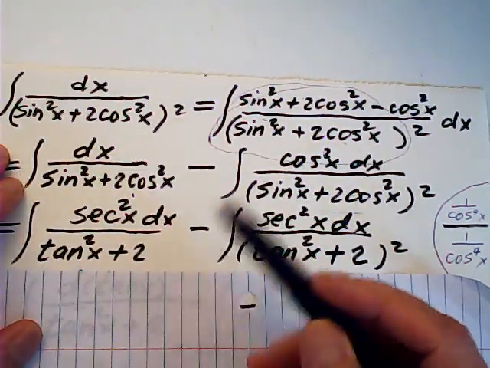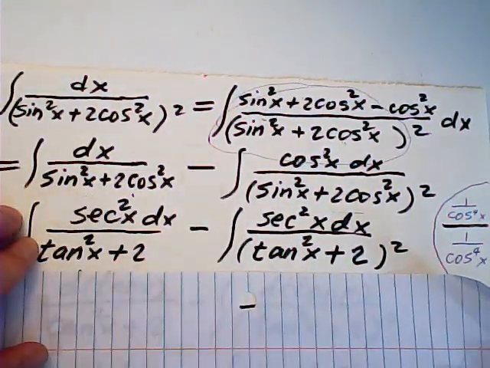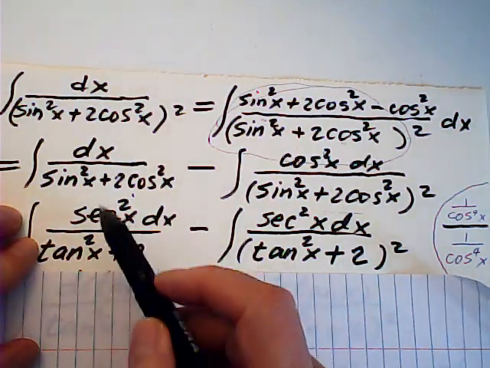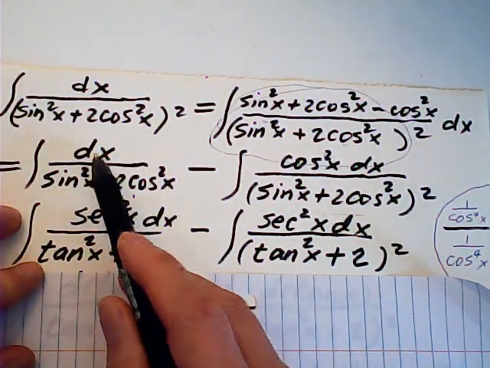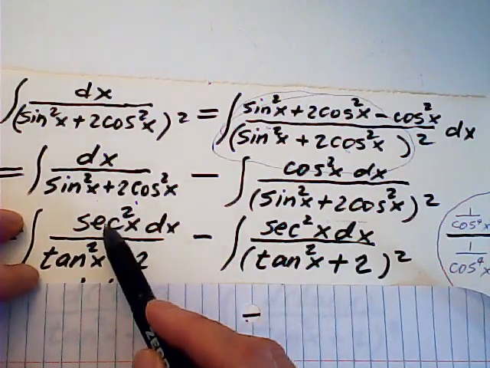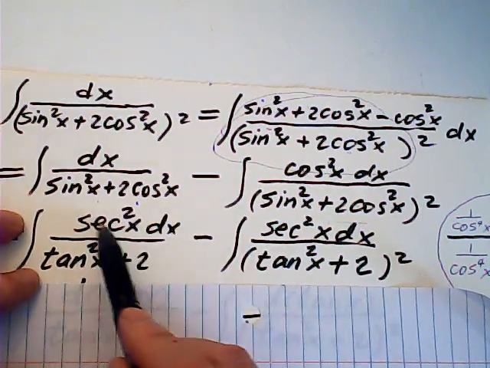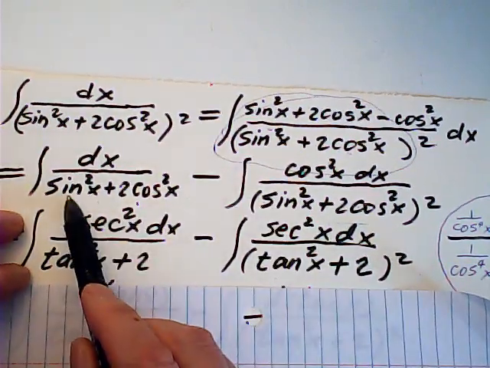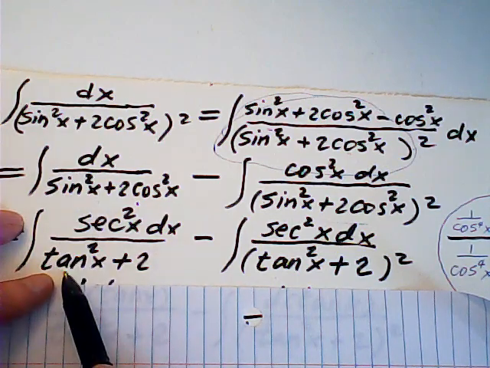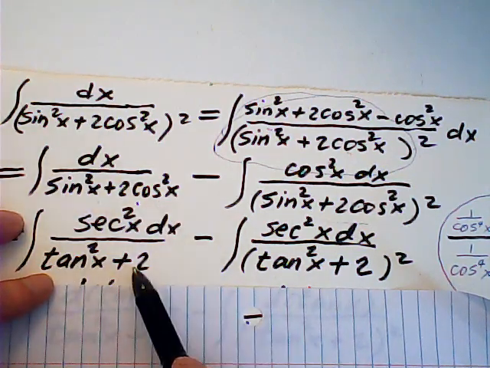Then I multiply by secant squared both the numerator and the denominator. Secant squared times dx is this. Secant squared times this one is tangent squared. Secant squared times this one is 2.